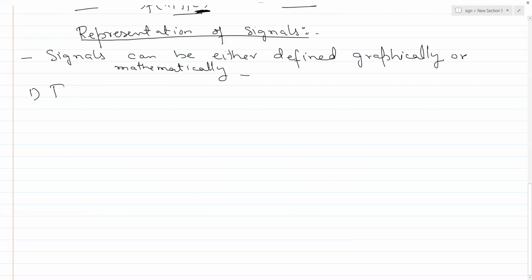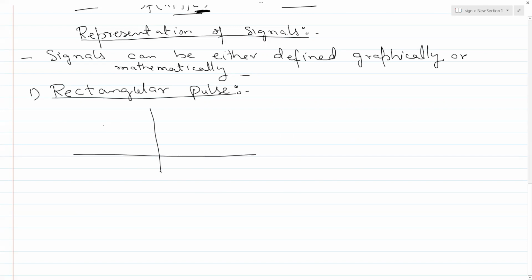The first signal example which you can represent is the rectangular pulse. We will represent the same signal in two different ways: one graphical and the other mathematical. First, the graphical representation. In two dimensions, you represent this as a function of the independent variable time, f of t, and the value here is 1.